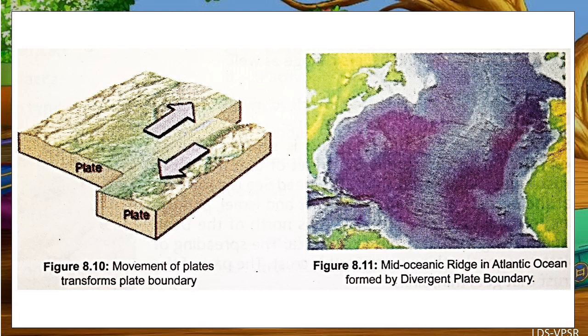Figure 8.10 shows the movement of plates in transform plate boundary. Figure 8.11 shows the mid-oceanic ridge in the Atlantic Ocean formed by divergent plate boundary.